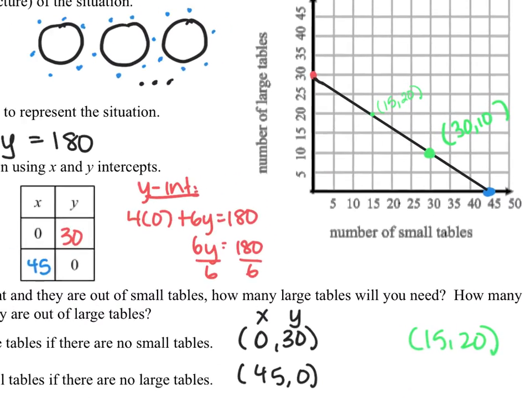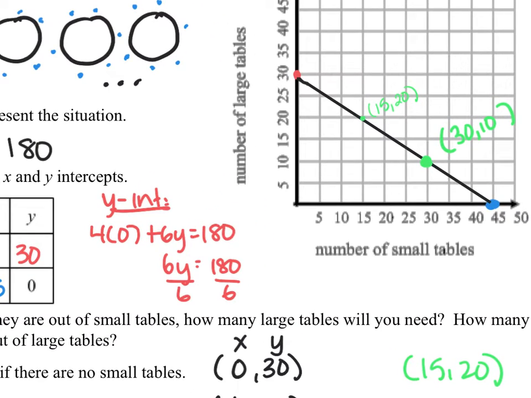Another important consideration to know is that, for example, like this point right here, and I'll use a yellow dot to show it, say like this point right here, that's a point on the line that I've drawn. But if I were to go down this way, I know that this x coordinate is somewhere between 5 and 10. But I'm not sure if it's 8, I'm not sure if it's 9, I'm not sure if it's 8.5, and clearly I can't have 8.5 small tables.